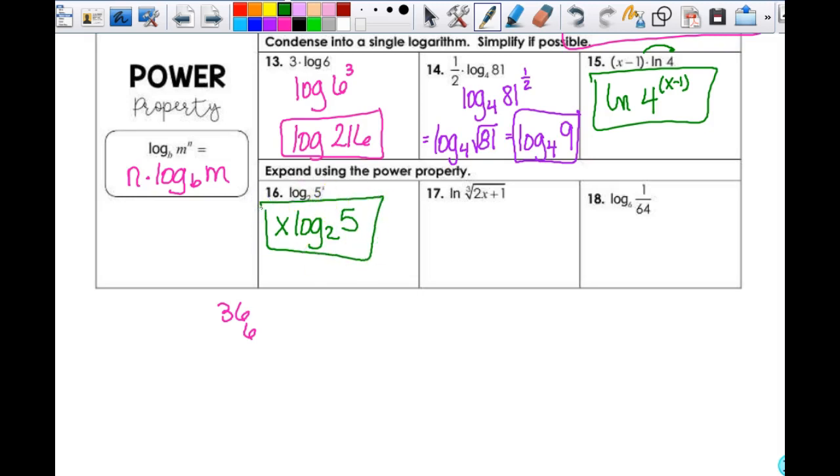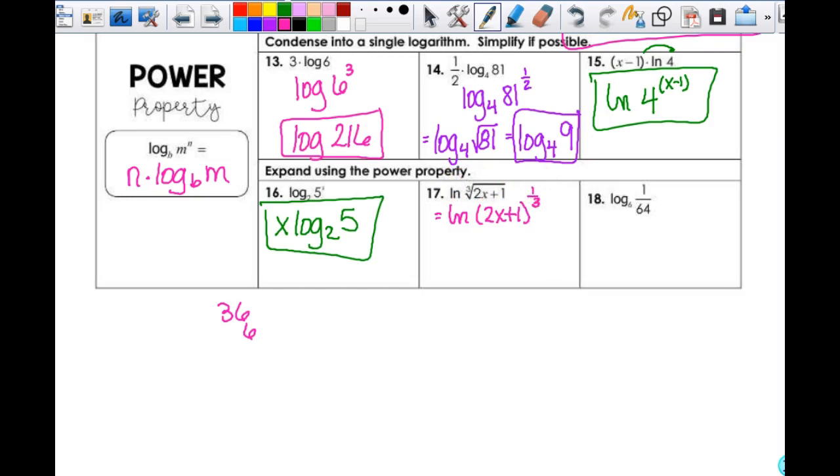Okay. So then this is the natural log of the cube root of 2x plus 1. Another way to write that is the natural log of 2x plus 1 to some exponent. What would the exponent be? Well, this is a cube root. It would be 1/3, because it is a fractional root.